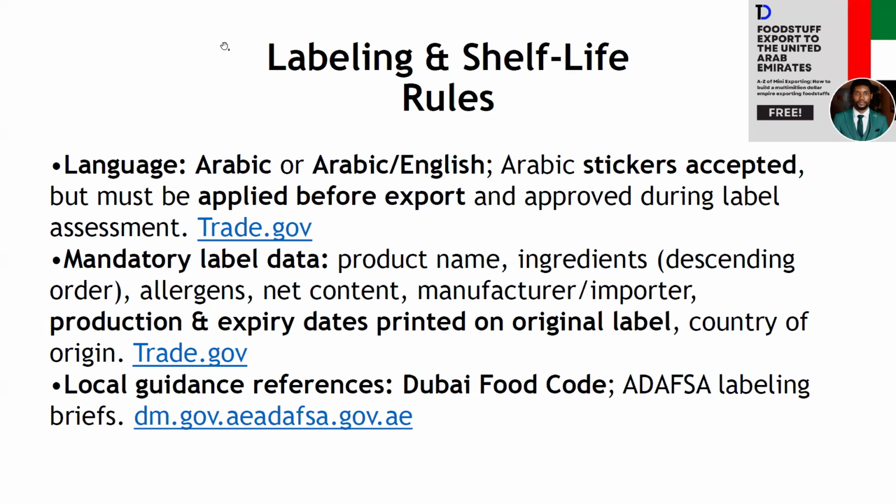When you are exporting to other countries around the world, most especially, like I said in previous webinars, to countries that do not speak English, where English is not their traditional language or mother tongue, the labeling is always very important.